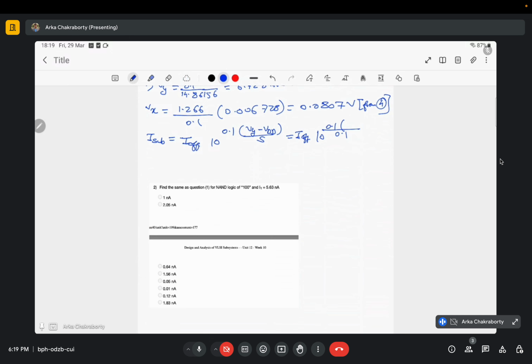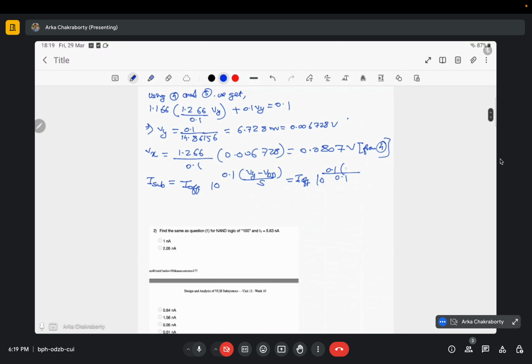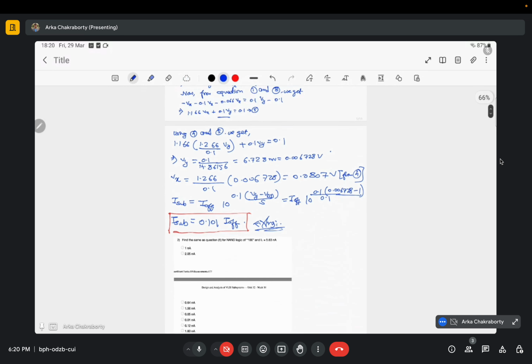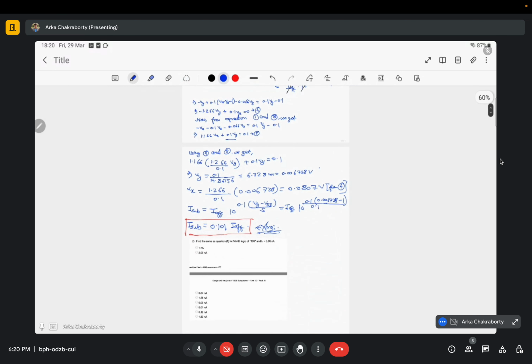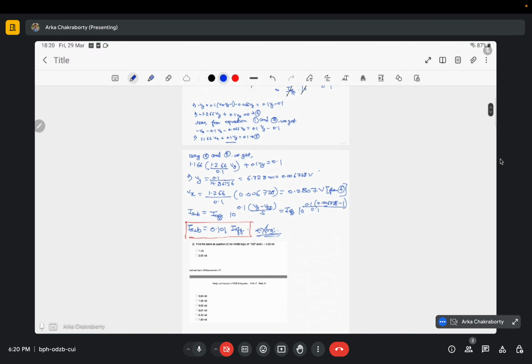Vy I have got as 0.006728 minus 1. So if I solve it, it will come as 0.101 I0. This is my I subthreshold. So the subthreshold current is 0.101 I0.